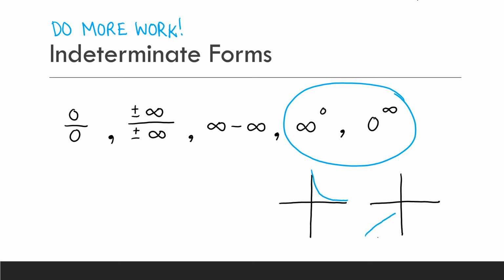And how these indeterminate forms work out is going to have to do with how quickly you're approaching 0 and whether or not you're approaching 0 from above 0 or approaching 0 from below 0. That's going to have a lot of impact on whether you have something negative or positive and whether you have a big number or a small number. So again, that's later in the course. We're going to mostly look at these guys for now.